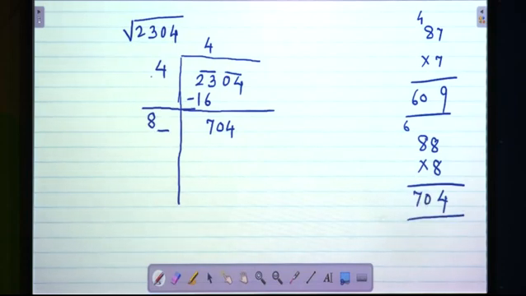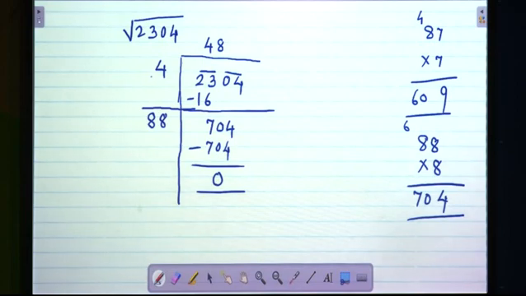So, what digit is suitable? It is 8, and we write the same digit in the quotient. 88 eights are 704, as you can see here. We get the remainder 0.